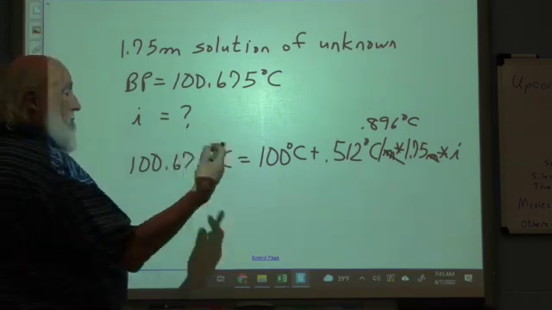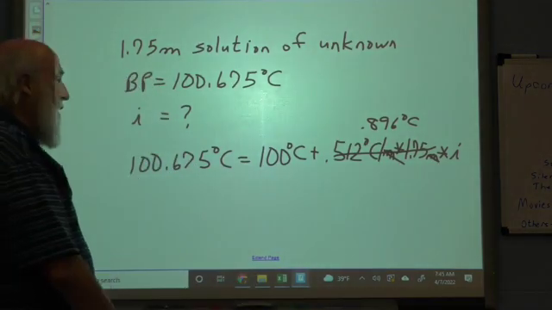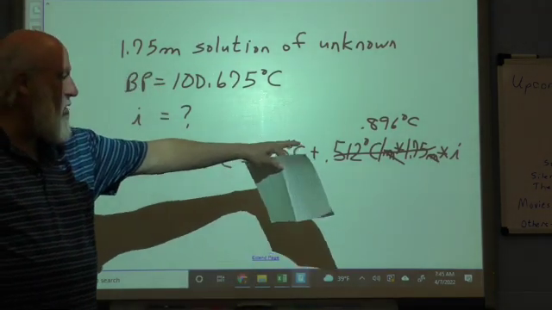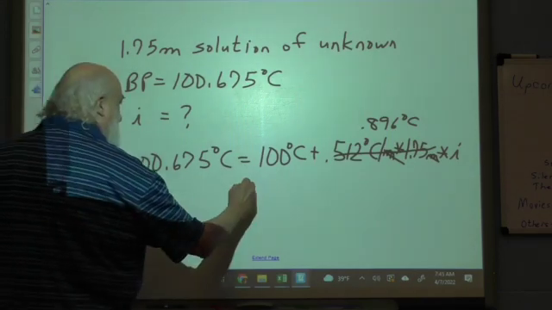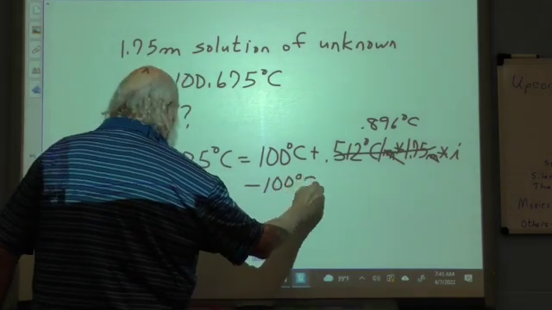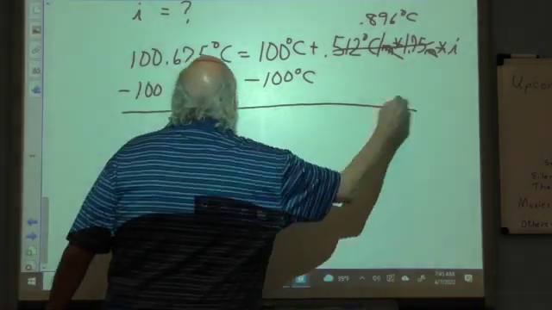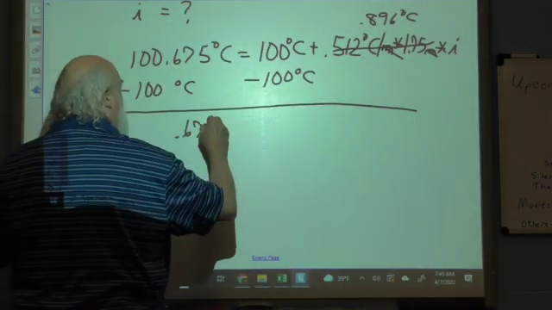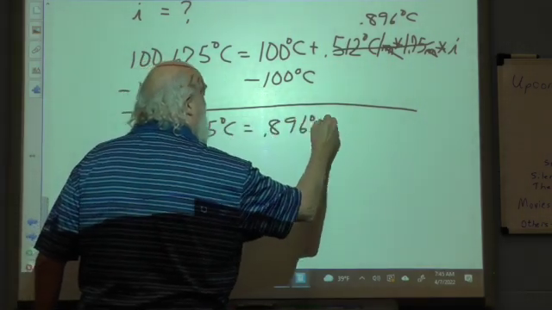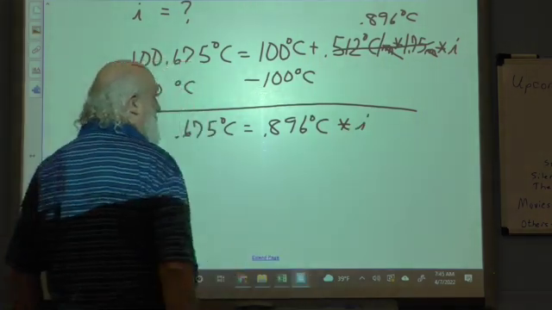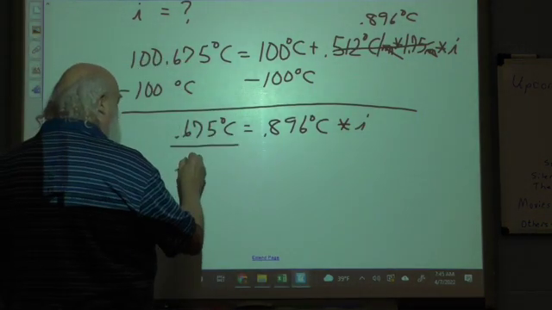Okay, so now I have just a basic algebra problem. I'm just going to cross this out and not get confused by that. This is 0.896 degrees Celsius times I. So I subtract 100 degrees Celsius on both sides, and I get 0.675 degrees Celsius is equal to 0.896 degrees Celsius times I. And then we're going to divide both sides by that 0.896.